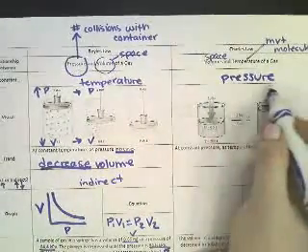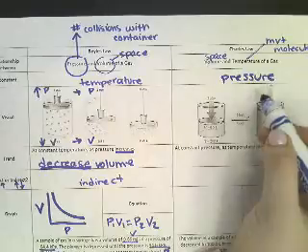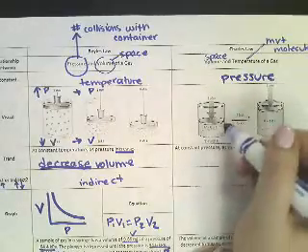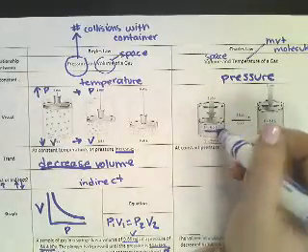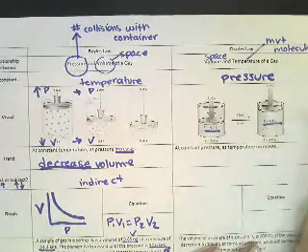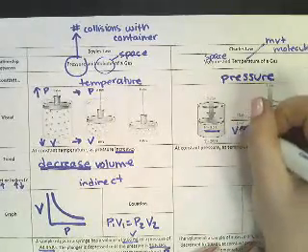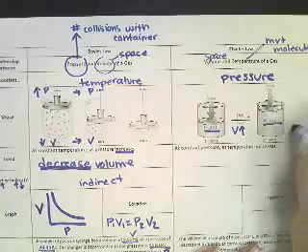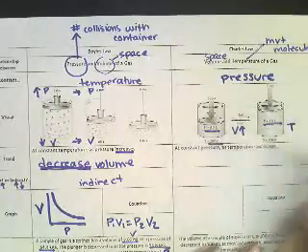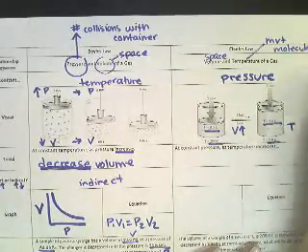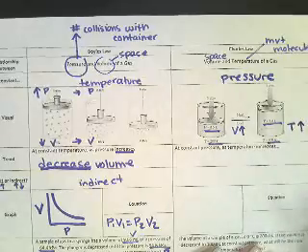So we see that pressure stays constant, so it's not important. But my size does change because volume goes from 0.5 to 1.0, so volume has increased. Temperature, on the other hand, went from 200 to 400, so it also increased.